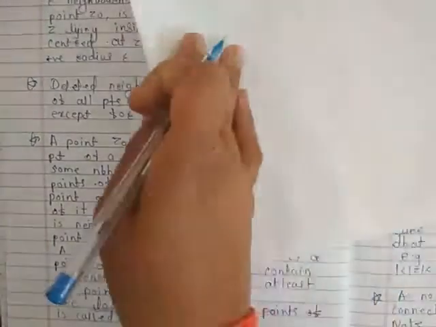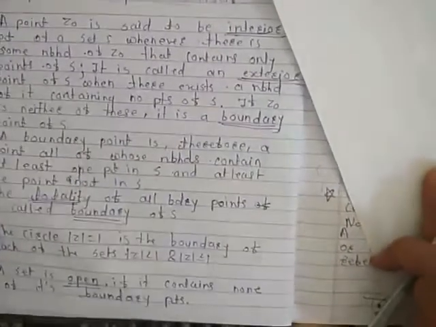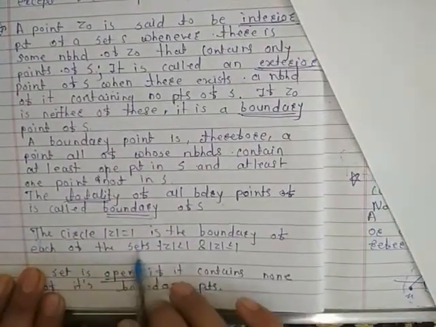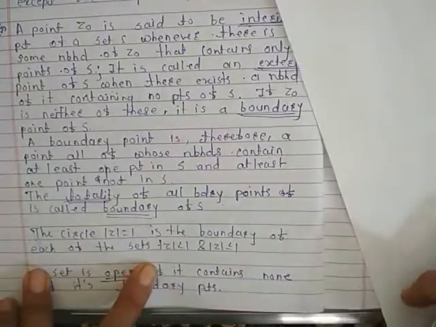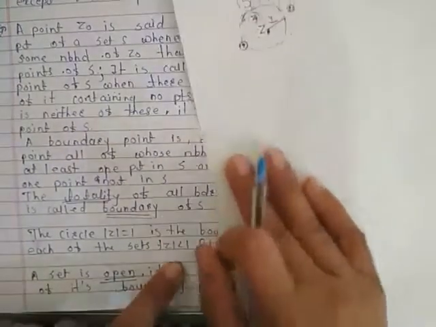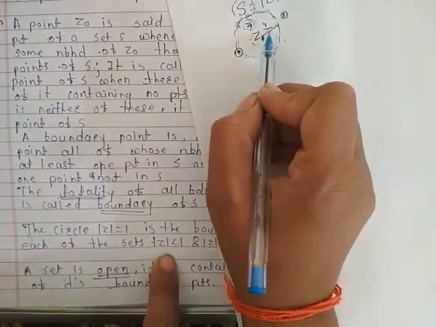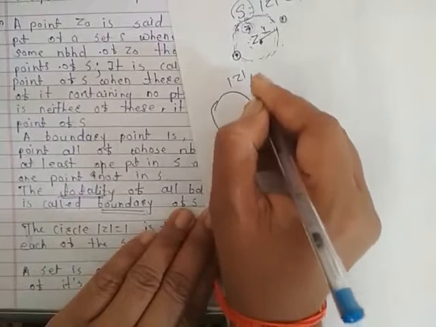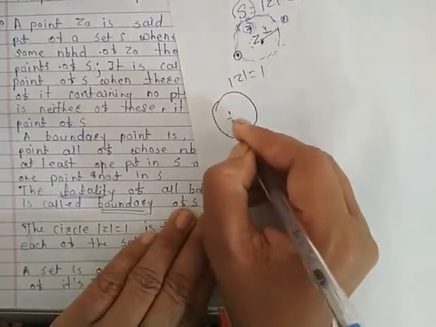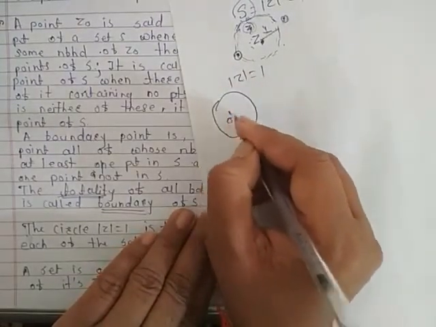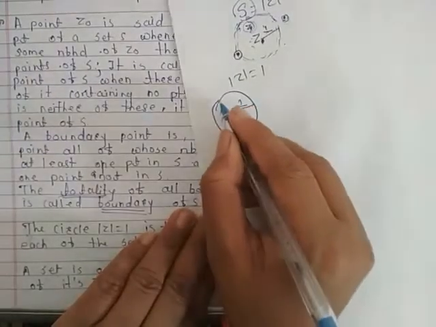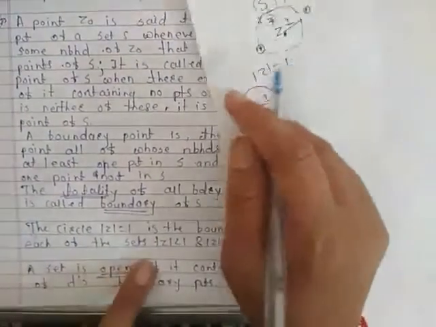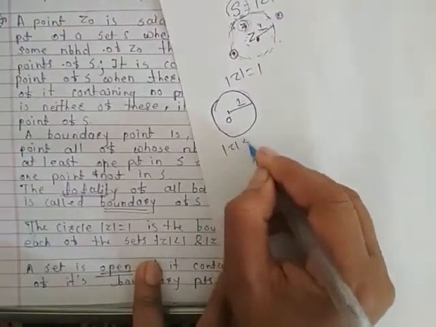Okay. Next, the circle mod z equal to 1 is the boundary of each of the sets. Suppose I have taken here a circle mod z equal to 1, centered at 0 with radius 1. This circle is the boundary of the set mod z less than 1.